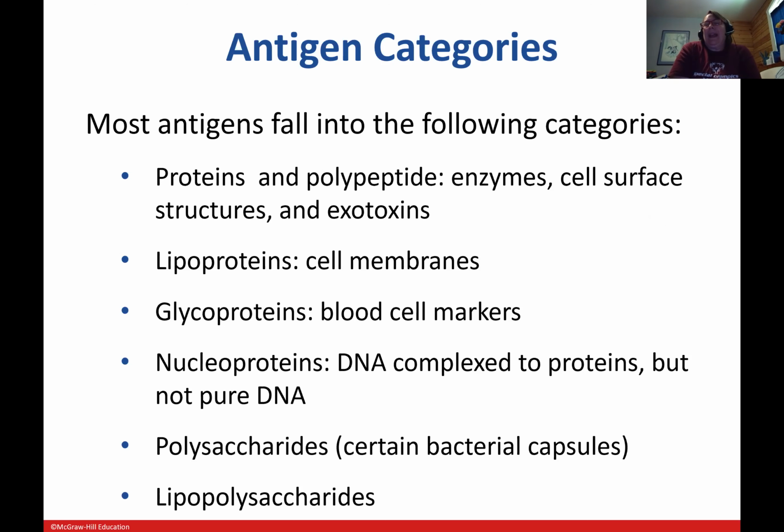Nucleoproteins. Again, this is a protein with a piece of DNA attached to it. Pure DNA does not tend to be a very good immunogen. But if you add a protein to it, I imagine the immune system really is recognizing the protein as the antigen and then recognizing the DNA as part of that protein complex. Polysaccharides: there are certain bacterial capsules that look very immunogenic to our immune system, but in general, proteins are more immunogenic than sugars are.